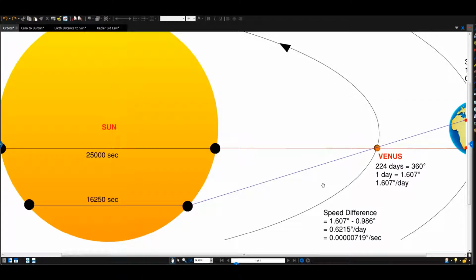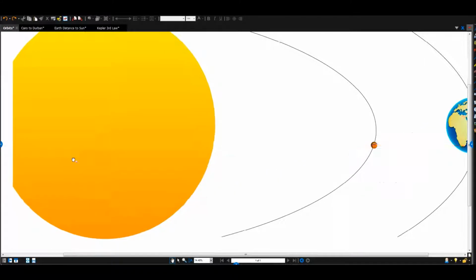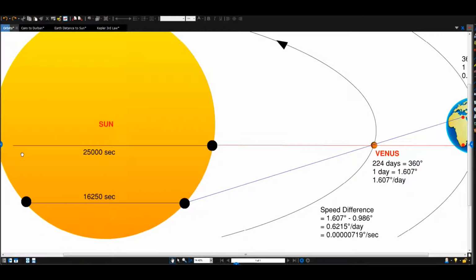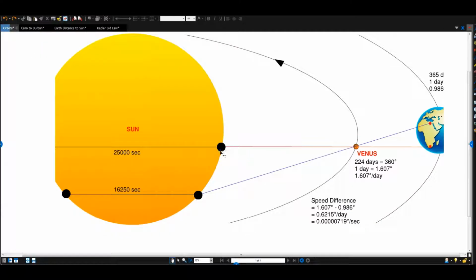So we'll see that here from Durban, the view from Durban, it takes 25,000 seconds from the point of first contact to the point of last contact. But from Cairo, it only takes 16,250 seconds for it to travel across. So this is quite useful for us.